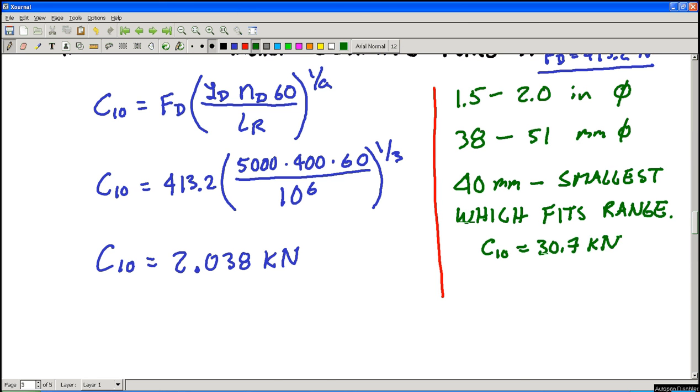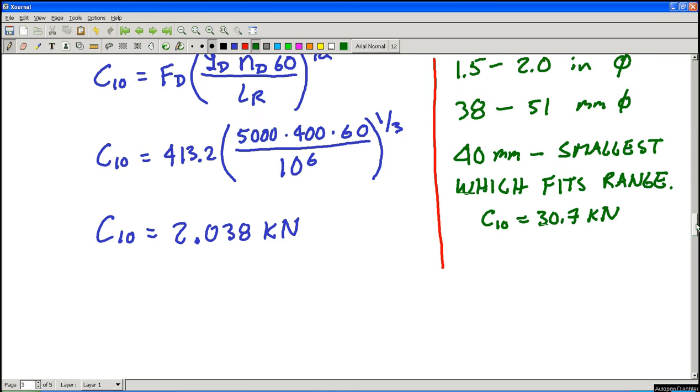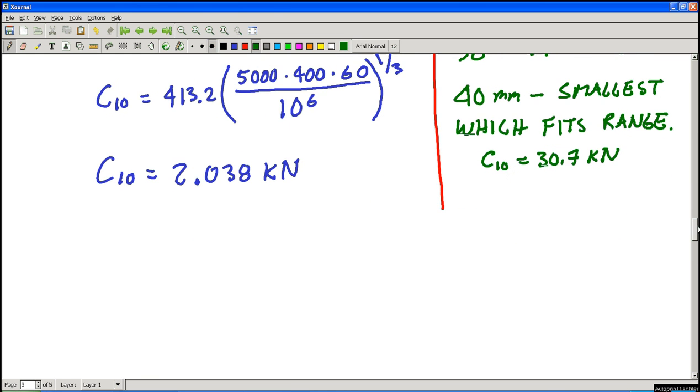and actually see what the life is going to be. Again, this is not required, and we know the life is going to exceed 5,000 hours at 400 RPM, but we can take a look and see what it actually is. Rearranging the life-force relationship one more time, we've got C10 divided by FD, which I'm going to express in kilonewtons, a very small value.